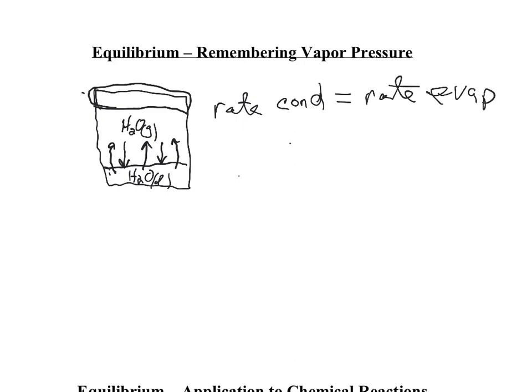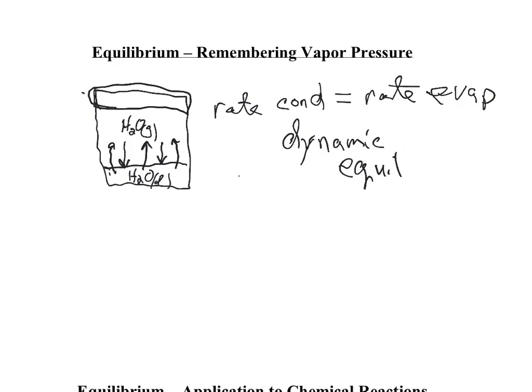That means we're at what we called a dynamic equilibrium. The rate of condensation, that's the gas going back to liquid, equals the rate of evaporation.